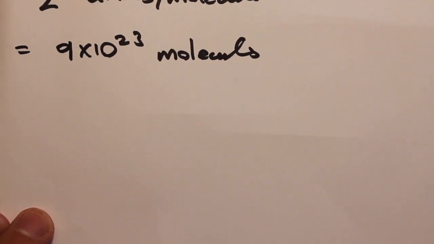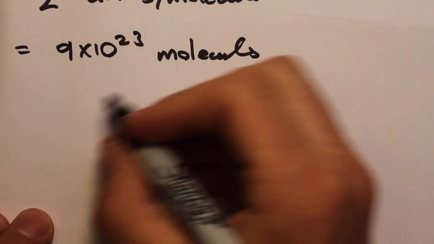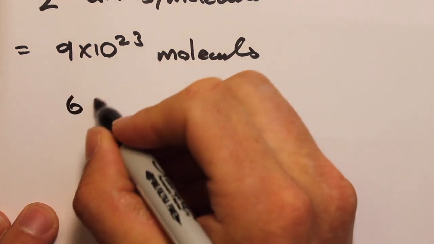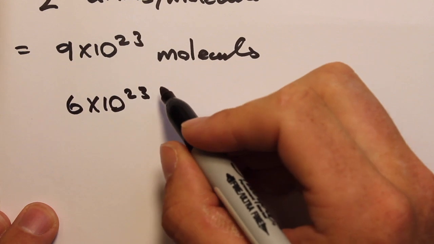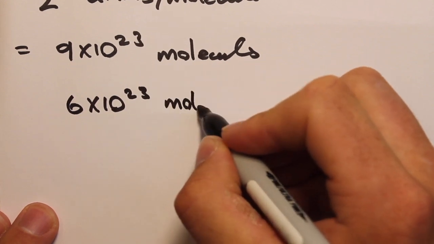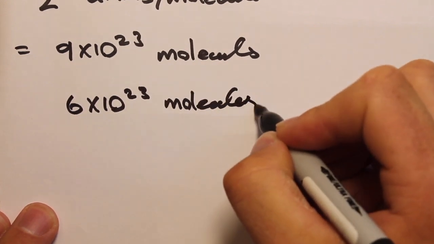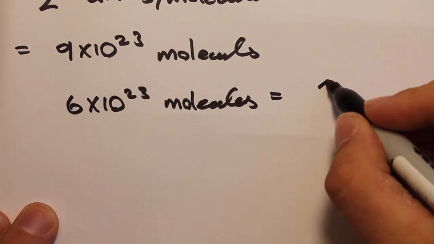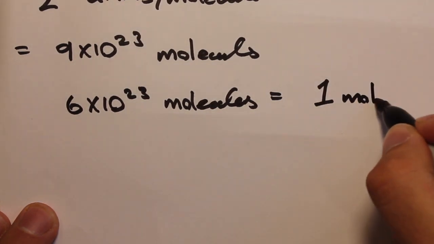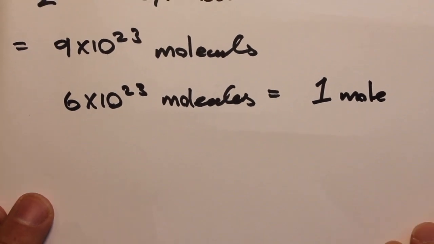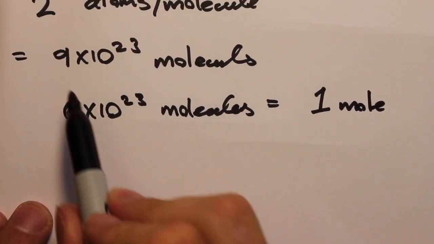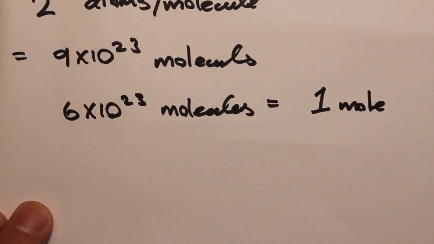So we know that 6 by 10 to the 23 molecules is equal to 1 mole. Now we've got 9 by 10 to the 23 molecules.